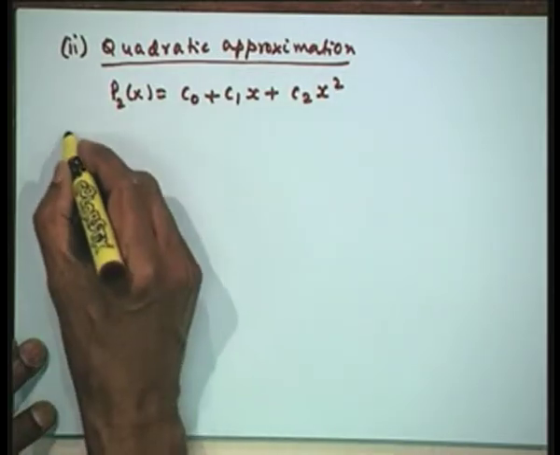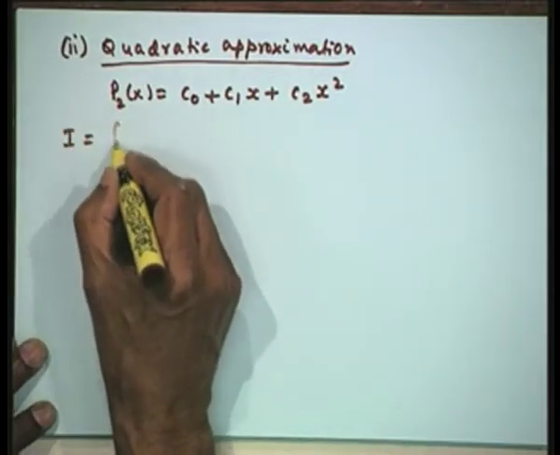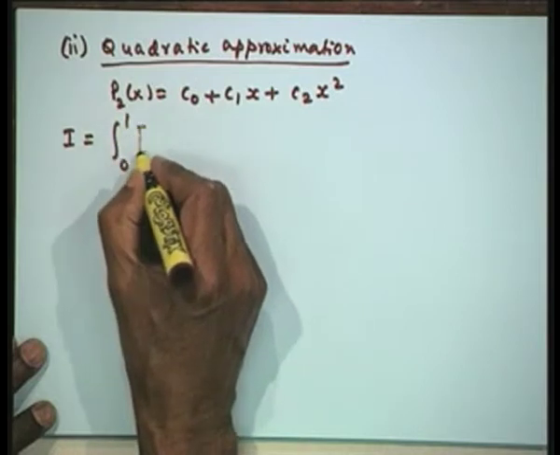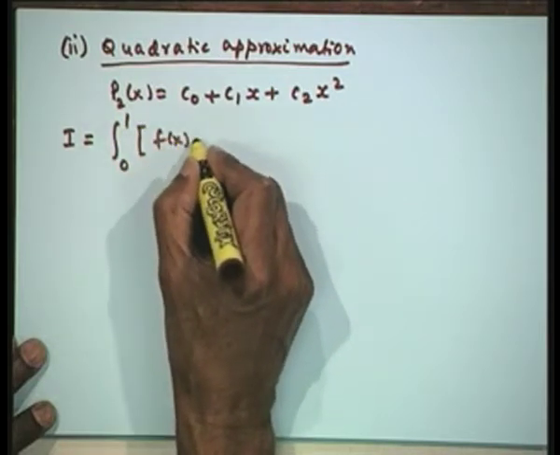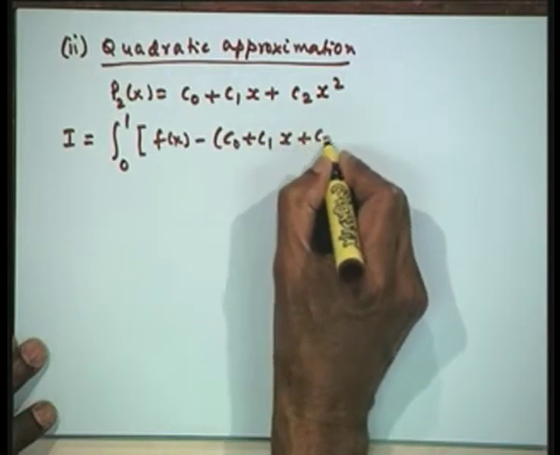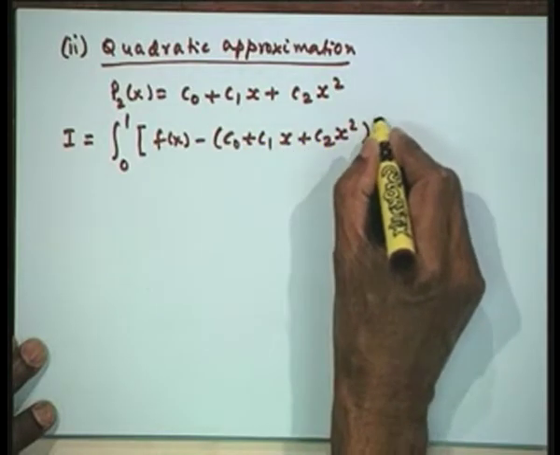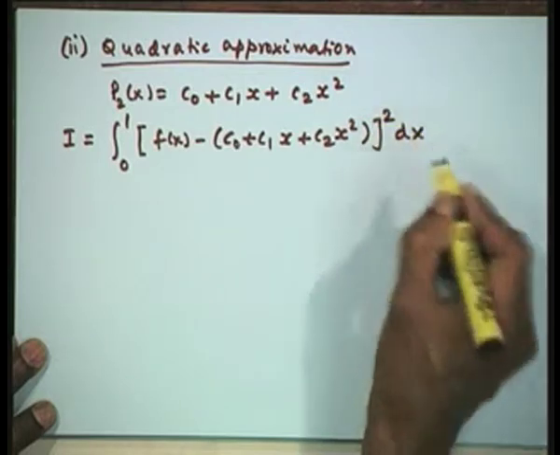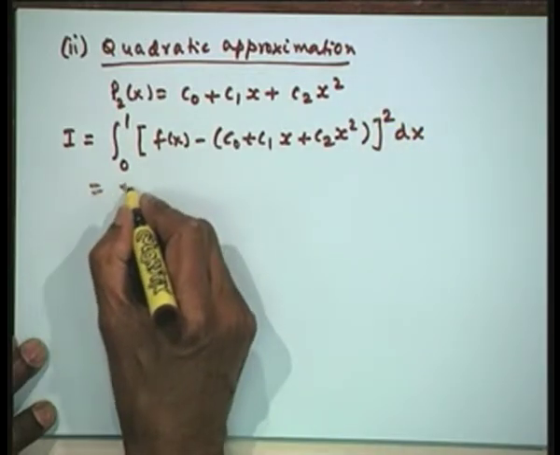Therefore, the first step would be to define our least square approximation 0 to 1 f x minus c naught plus c 1 x plus c 2 x squared, whole squared dx, is equal to minimum.